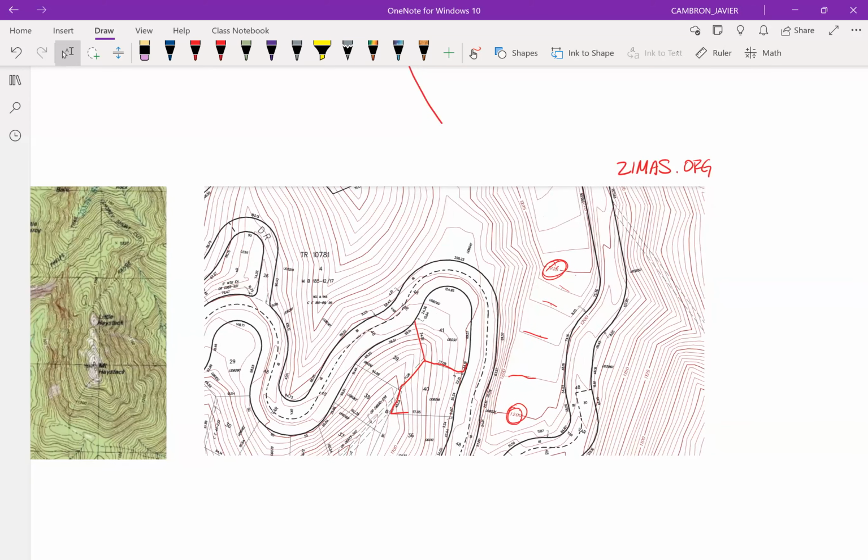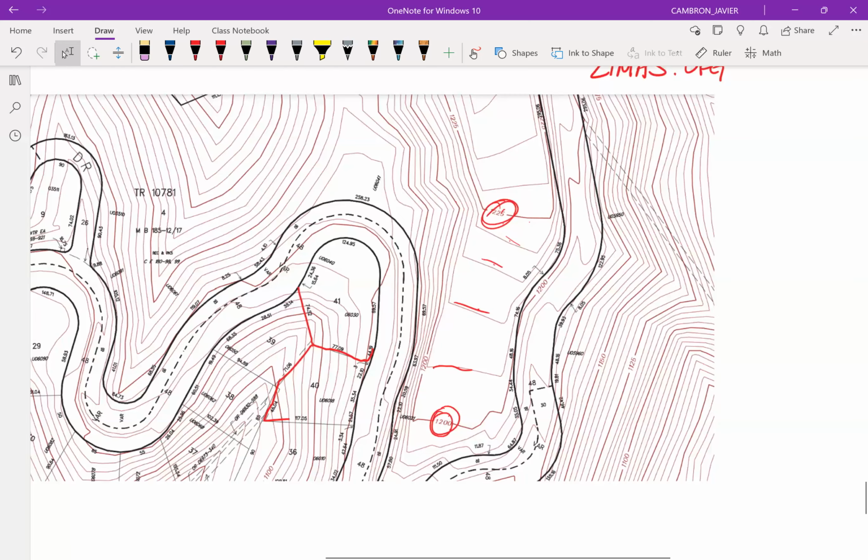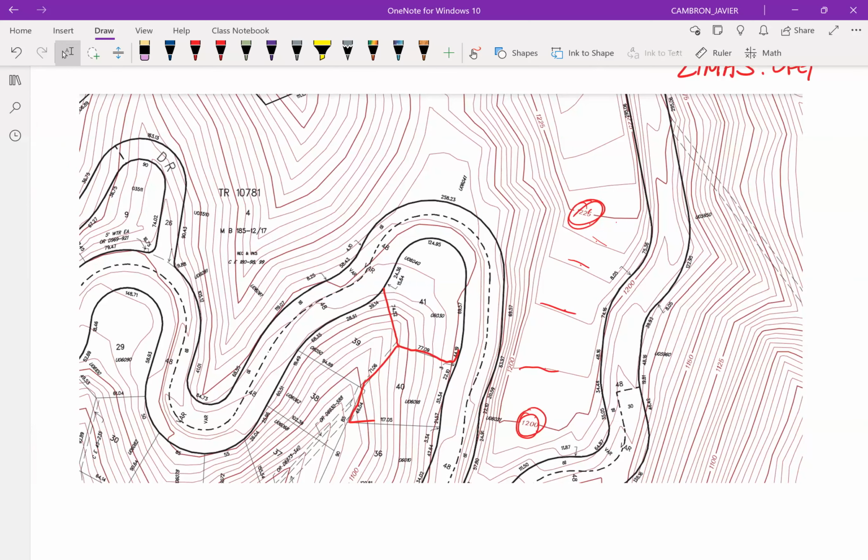Ideally, what you want to be able to do is look at a topographic map and visualize three-dimensionally what the site actually looks like. With a little bit of practice, you can begin to three-dimensionalize the topography in your head.